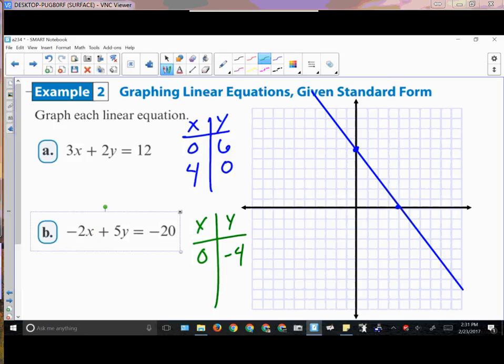And if I put 0 in for Y, that means this is gone. What would that have to be? 10. So now, graph the points again. X is 0, Y is -4, so that's 1, 2, 3, 4. X is 10, puts me out all the way over here. So, draw my lines in.